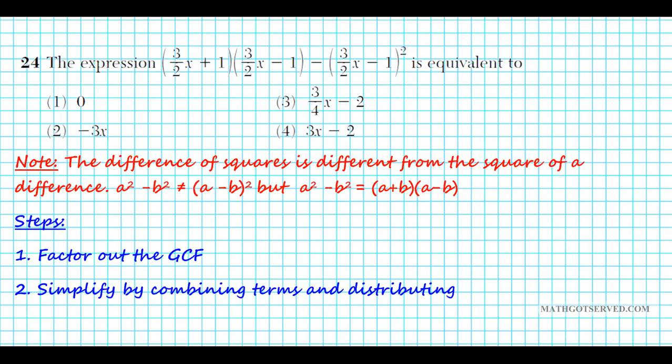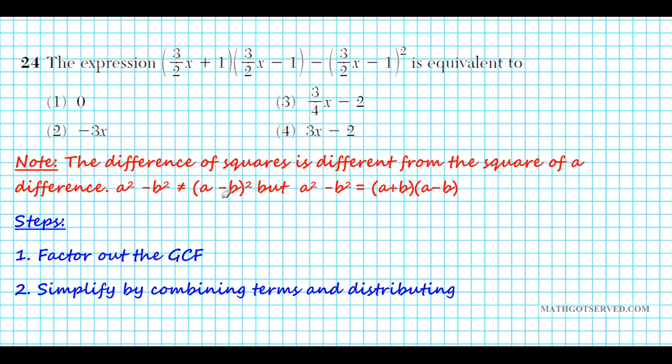All right, let's take a look at problem 24. It says the expression 3 over 2x plus 1 quantity times the quantity 3 over 2x minus 1 minus the quantity 3 over 2x minus 1 squared is equivalent to. One thing you want to note is that the difference of squares is different from the square of a difference. A squared minus b squared is a plus b times a minus b.